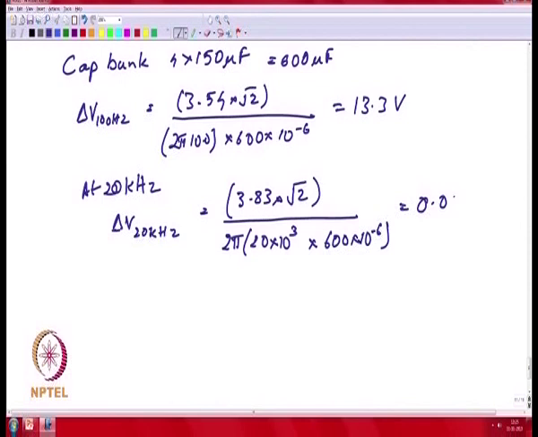So, it is about 70 millivolts. So, it is almost negligible, the ripple at 20 kilohertz. This is a capacitive ripple.